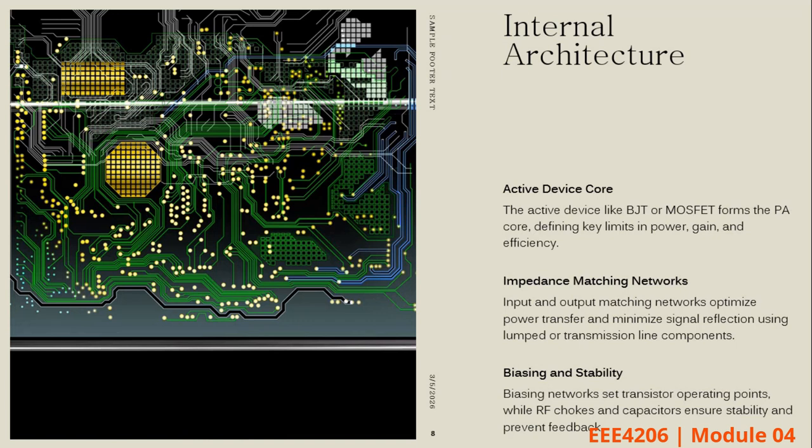I already explained the stability. So together, these elements form the functional structure of a practical RF power amplifier. Each becomes very, very important, and each is a stage that you need to design and look at critically when you're doing your design.